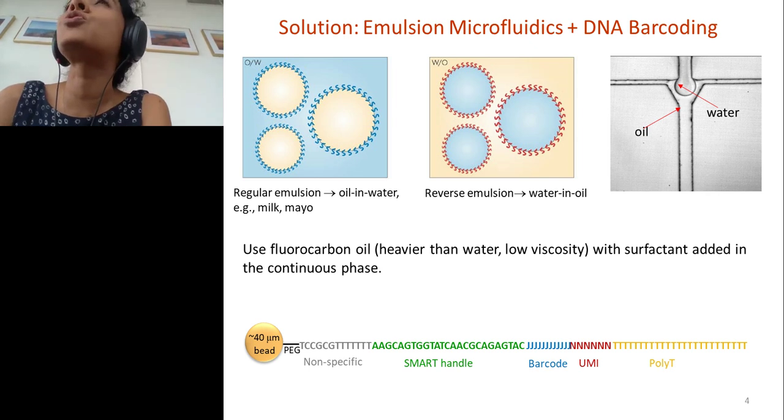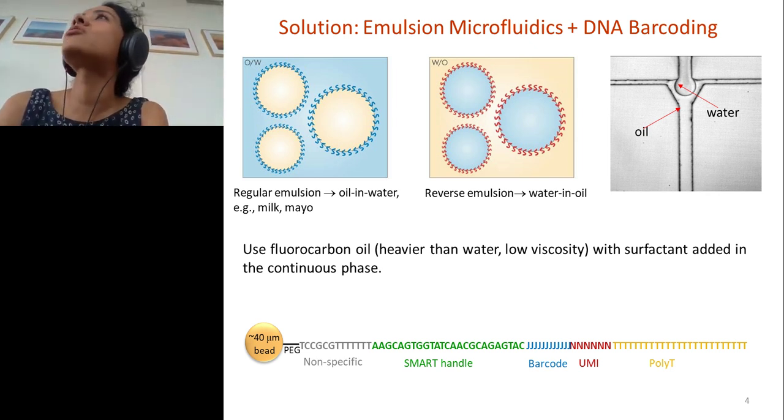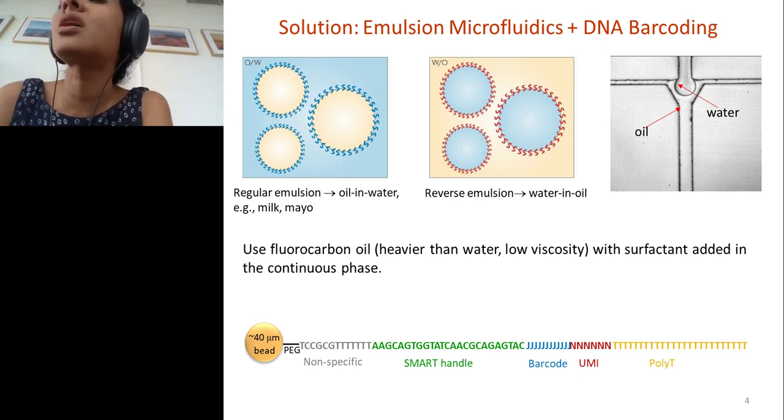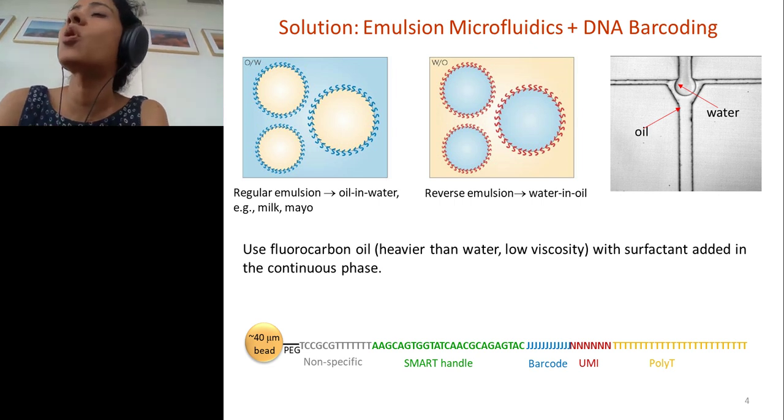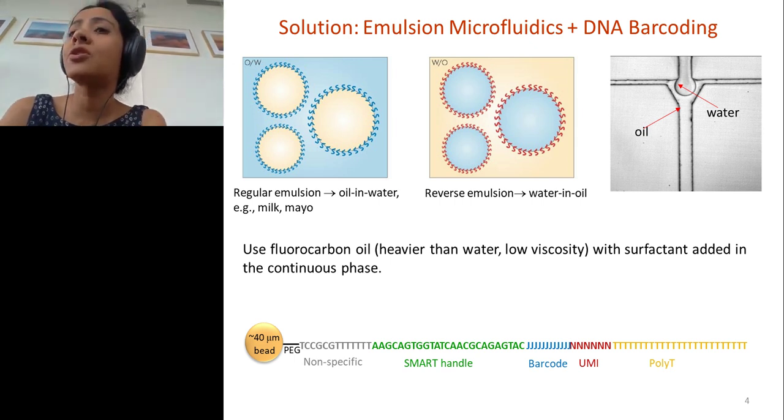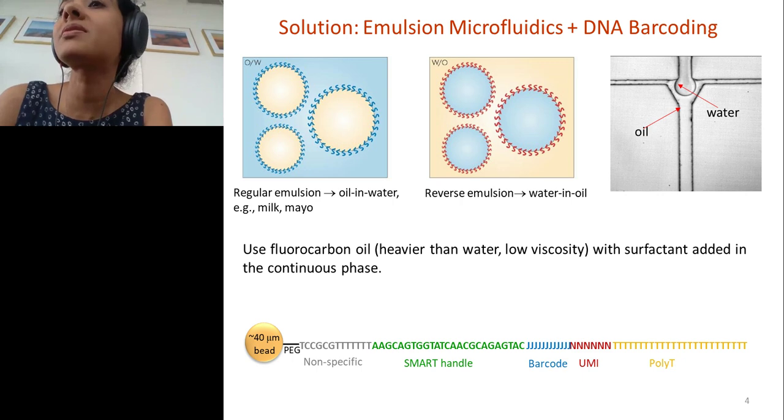If you were to do a 10,000 cell experiment, you have to generate 10,000 such compartments, 10,000 such water droplets. This was done by using microfluidic devices and using water and oil emulsion. I'm going to be referring to this as droplet microfluidics.